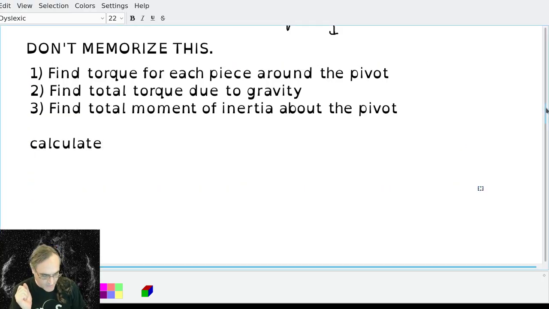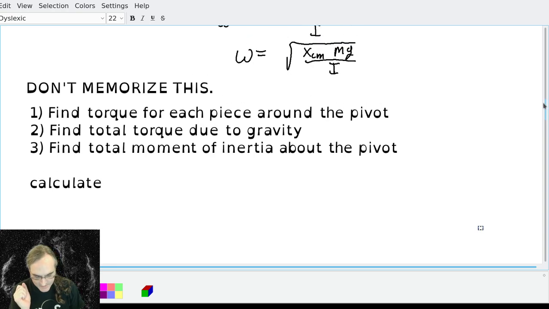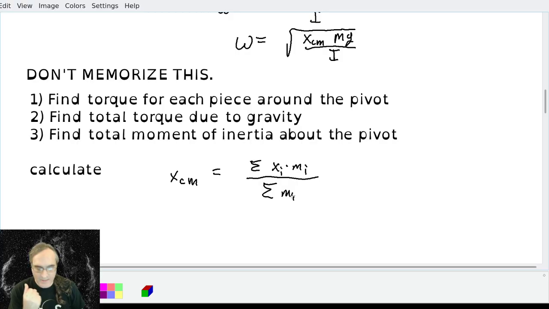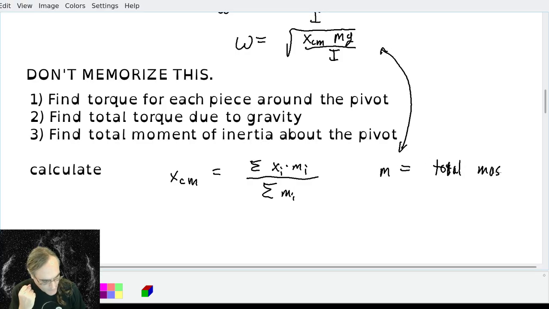This avoids a lot of issues where you might make mistakes, because what if you make a mistake in finding XCM? Remember, XCM is something that goes as the sum of x times mass divided by the sum of all the masses. You don't want to make a mistake doing that and get things wrong part way. M in this formula up here is the total mass.